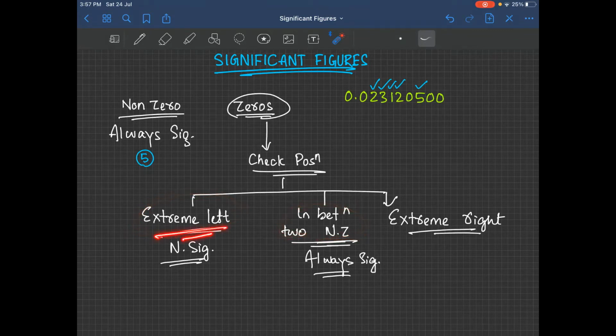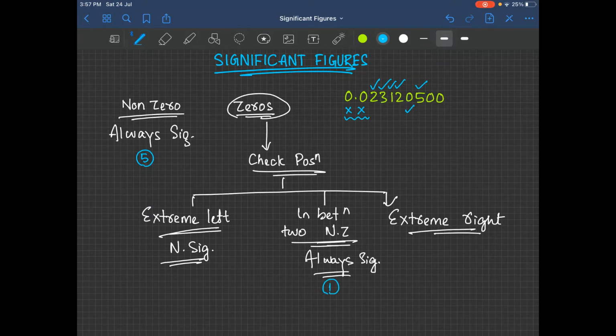On the extreme left we have 2 zeros, but they are not significant, because any zero on the extreme left is never significant. Now the 0 between two non-zero digits here, the 0 in between 1 and 2, is always significant, so we have one extra significant digit.